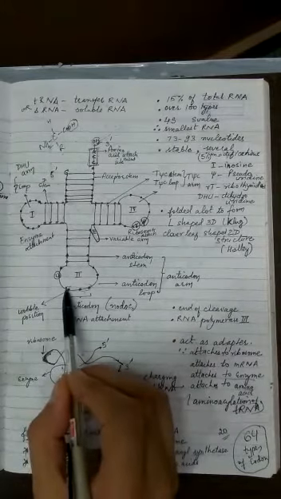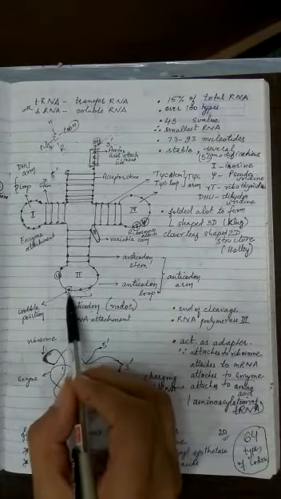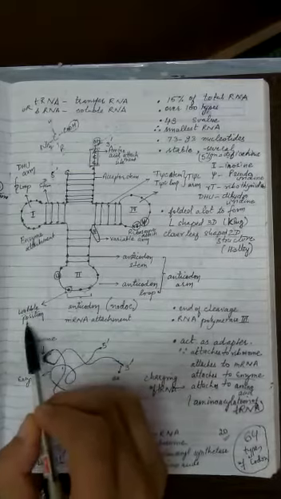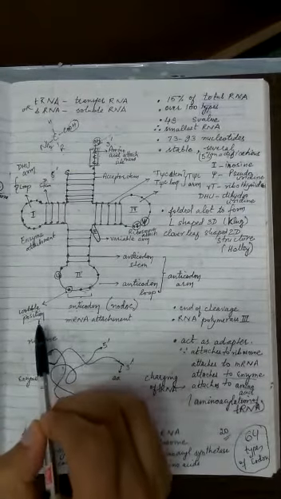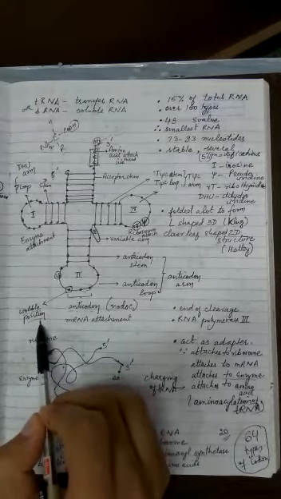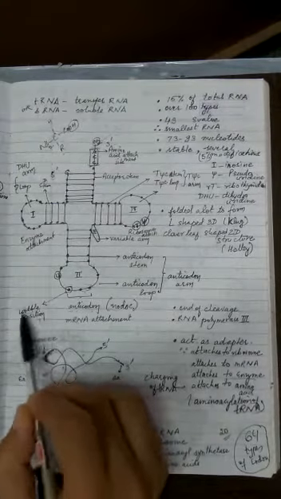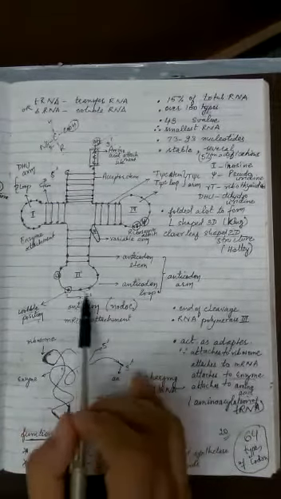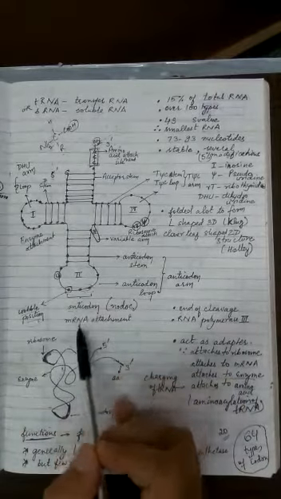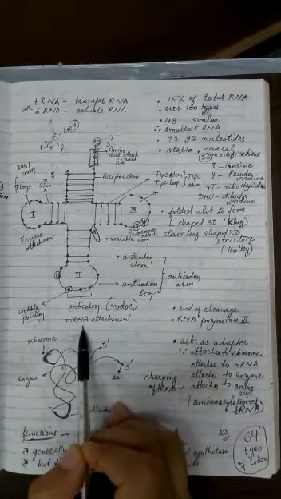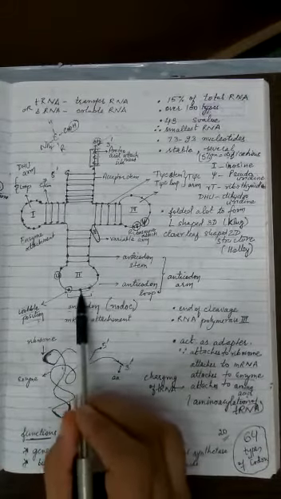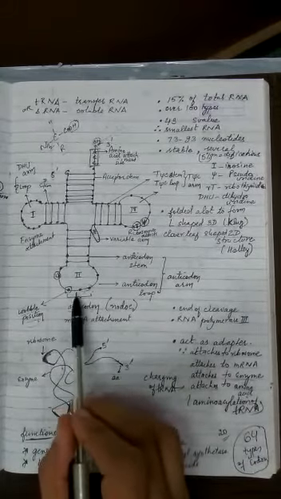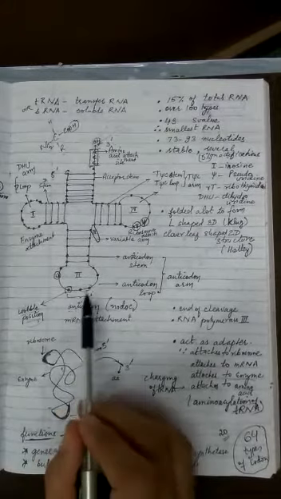Remember, the first position of the anticodon is the wobble position. What is the wobble position? Wait for a few more classes to be over. This topic will come when we do the process of translation. So just remember this much, that this is the end which joins with the messenger RNA, and messenger RNA's information is called codon. Codons are triplets of bases, so this is also a triplet, and this triplet is complementary to the codon.